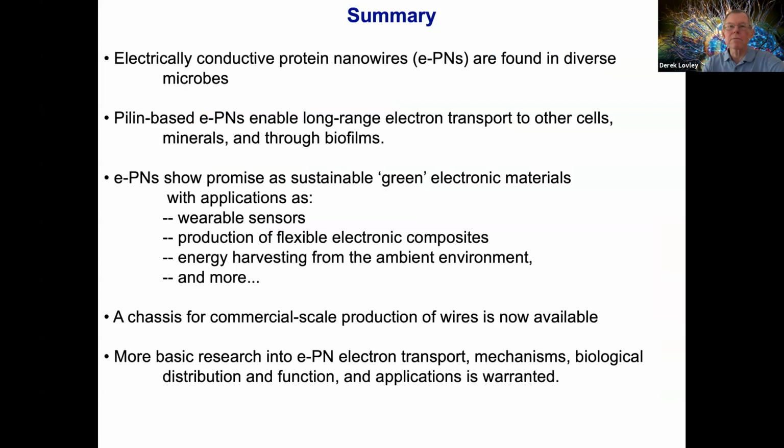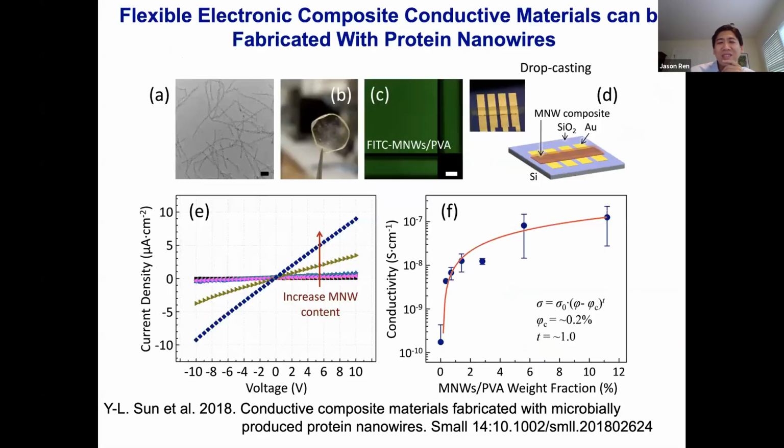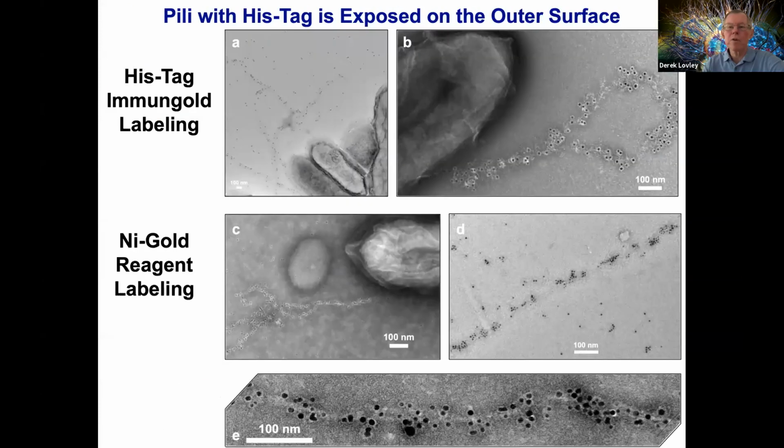Yeah, that's a great question. So we also reported on the OmcS nanowires as well. Do I still have screen sharing on? Yes, you are. When you label the pilin with a peptide tag, for example, in Geobacter, at least under the conditions that we grow them, all the wires are labeled with pilin.